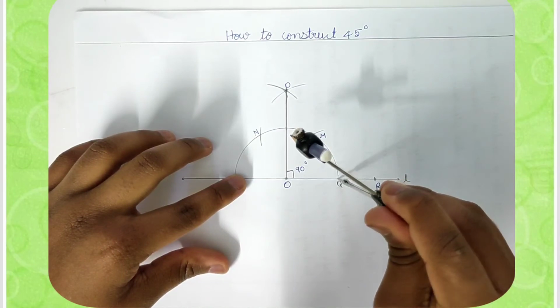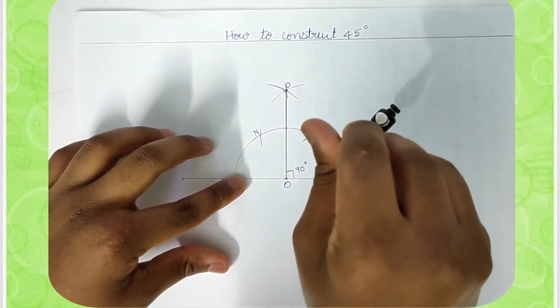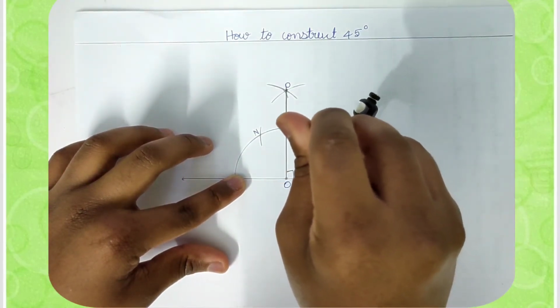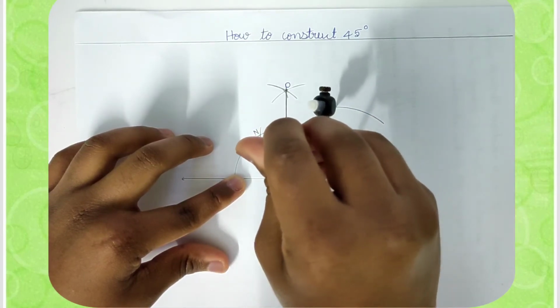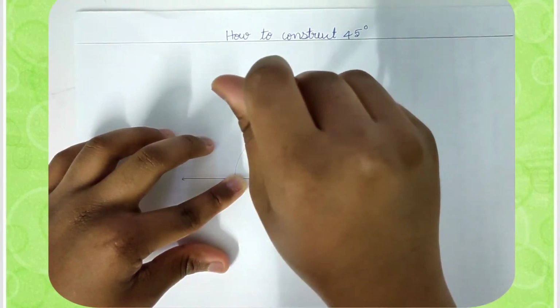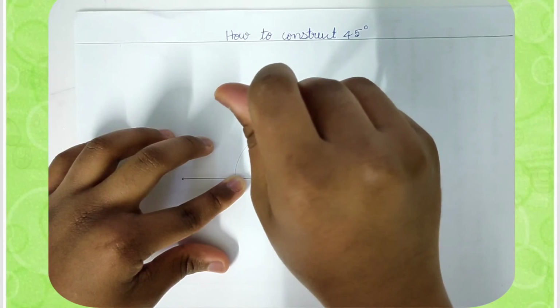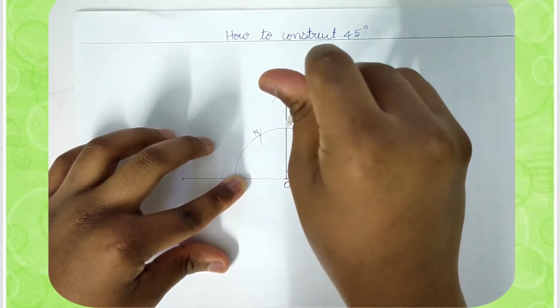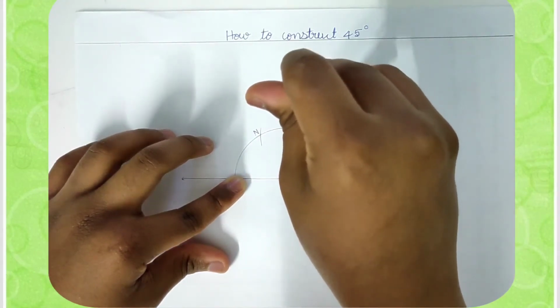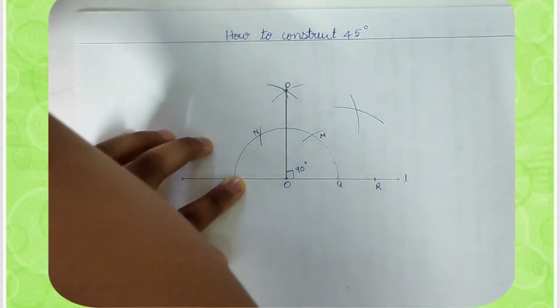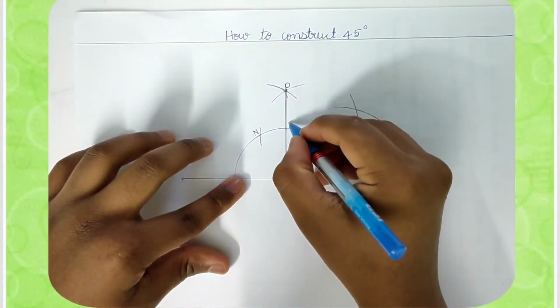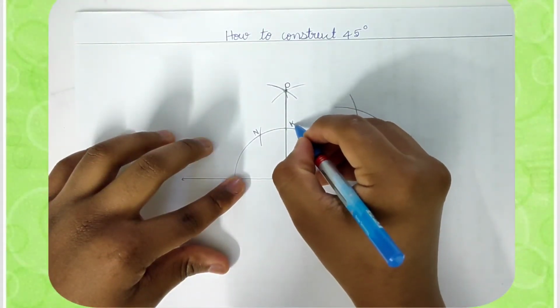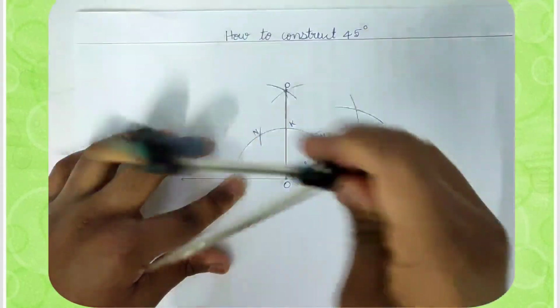From Q, draw an arc, and from the point where perpendicular and the bigger arc meets, from there also we have to draw an arc. That means we are bisecting the angle.